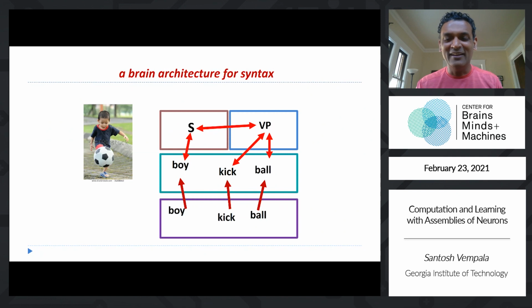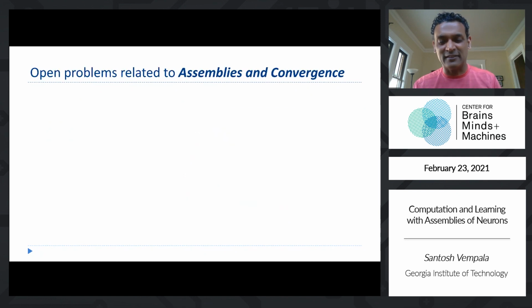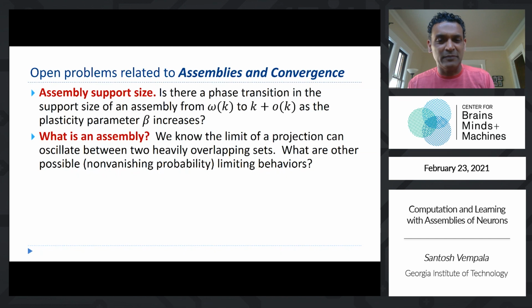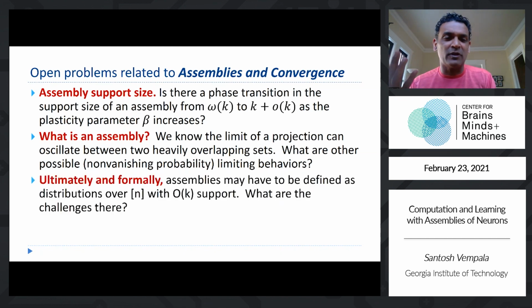Okay, I'll stop there. Now, in work that Christos and others have done, they've actually built a parser on top of these assembly calculus operations. There are very nice mathematical questions about assemblies. Most fundamental of all is, what should we define as an assembly? I mean, we have working definitions, but it's not entirely clear that's right, or the final answer.